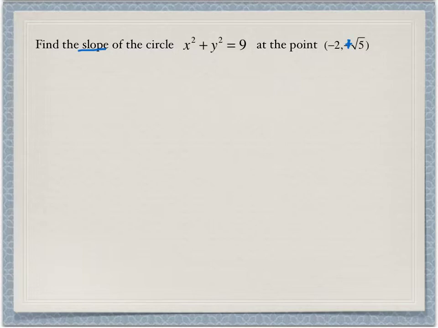So here we go. The derivative of x squared is simply 2x. The derivative of y squared is 2y times dy over dx. Saw that on our very first example. And the derivative of 9 is 0. Now, as our rule said, we want to try to get this dy over dx by itself.